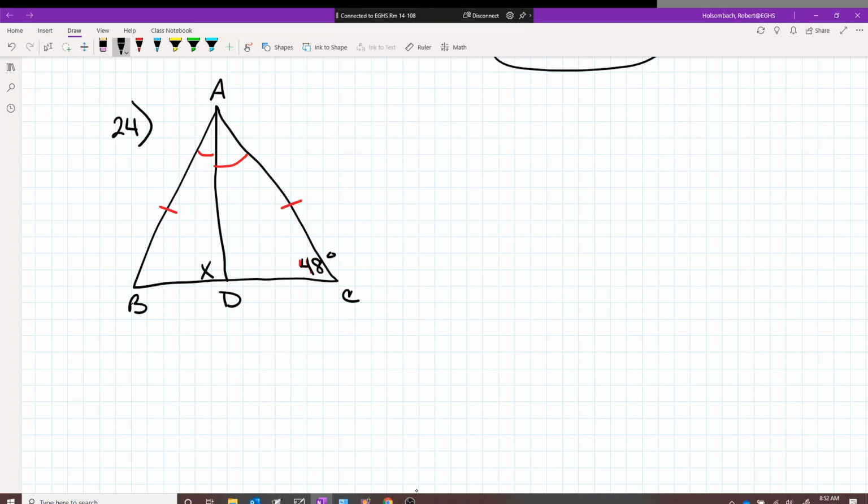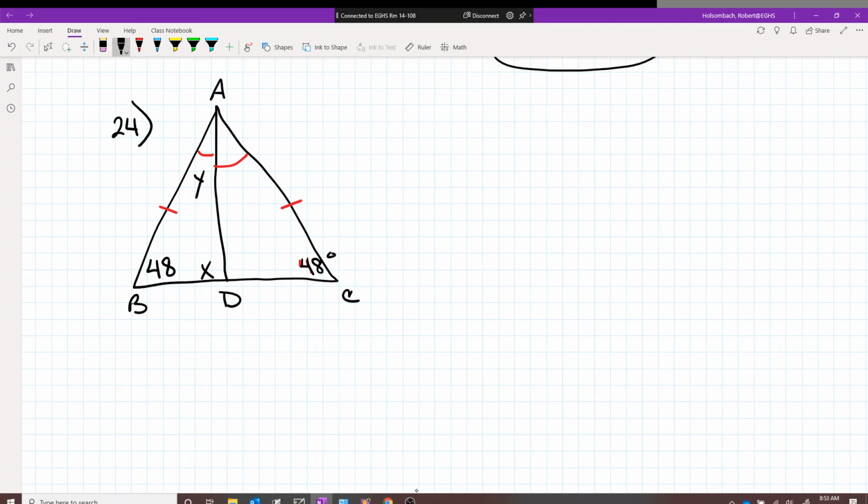And here's your X, and here's your Y. In this big triangle around the outside, since AC is congruent to AB, then this angle down here is also 48 degrees.